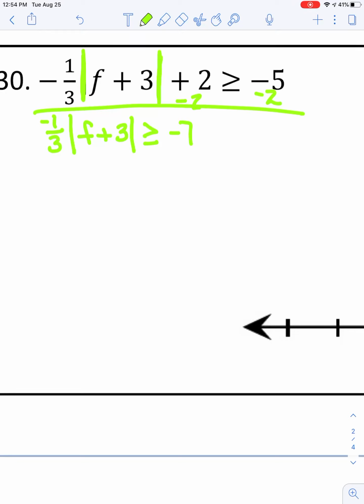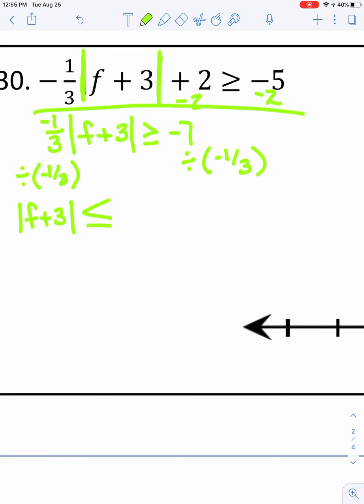Okay, and then to get rid of negative 1/3 on the outside, you need to divide by negative 1/3. Please use parentheses on both sides. Like that, okay? So you're gonna have f plus 3 in absolute values. If you're dividing by a negative, you're going to flip the sign.